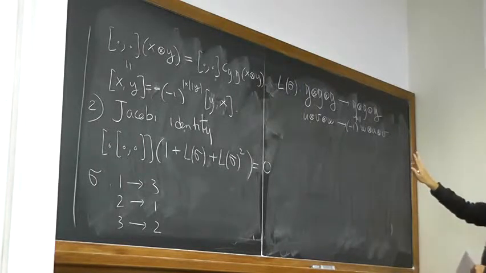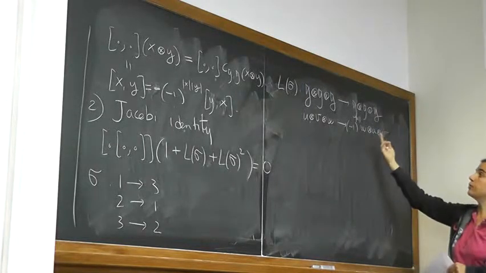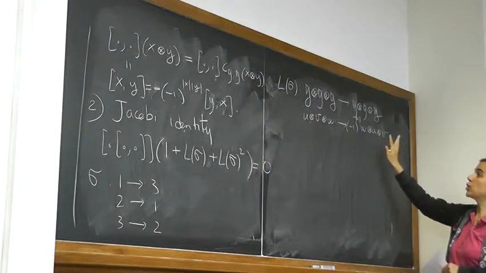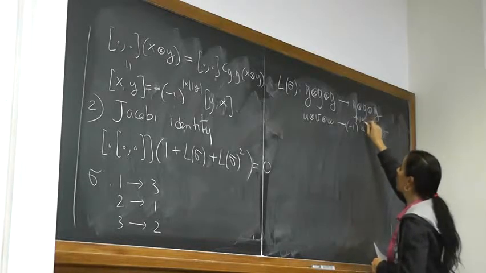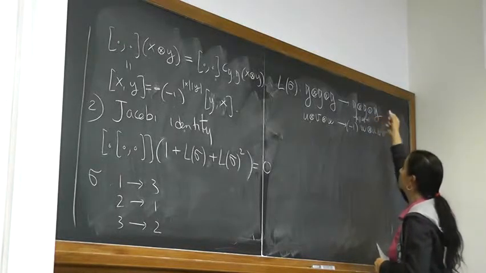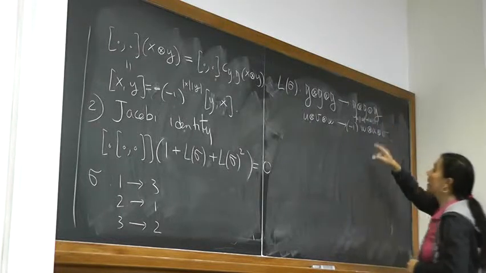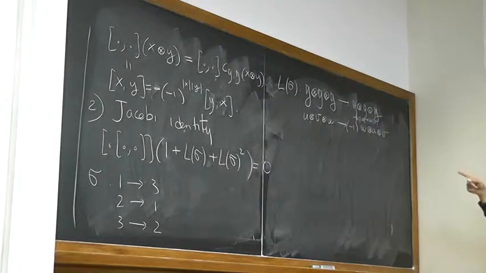So we exchange V with U, and we exchange W with U. So you have to put parity of U, parity of W, parity of U. Okay, so this is the rule.